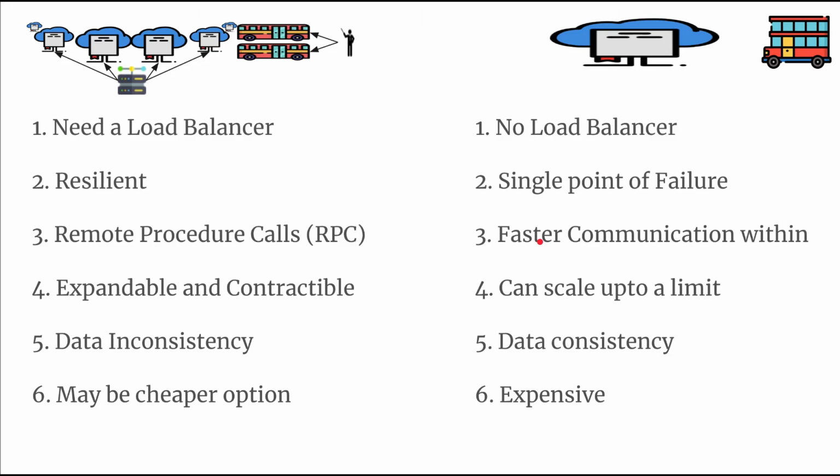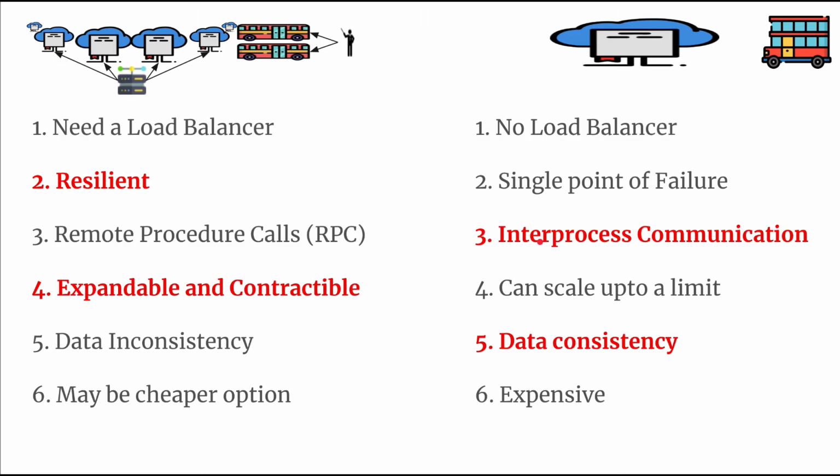We'll try to find which is more important among them. Resilience and the expandable and contractible nature are very good in horizontal scaling, but inter-process communication, or should I say faster communication, and data consistency are good in scaling up. So we can combine both and make a scalable system.